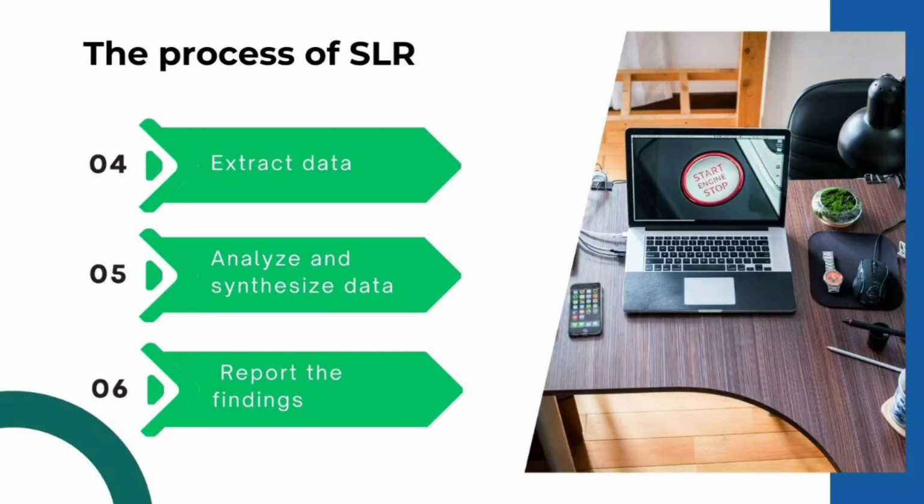The fourth one is extracting data. We read a paper and have a form for it, maybe an Excel sheet, and we record all the data in this Excel form. For example, what the contributions are, what the limitations are, what technology they are using, and what methodology they are using. We extract all this data in this particular Excel sheet.